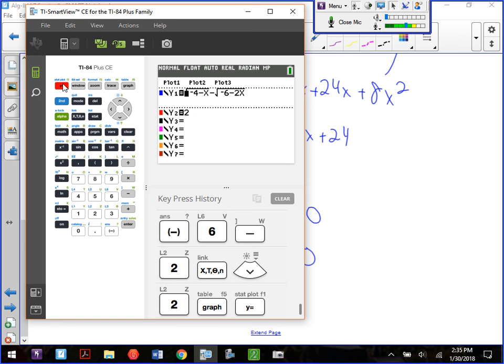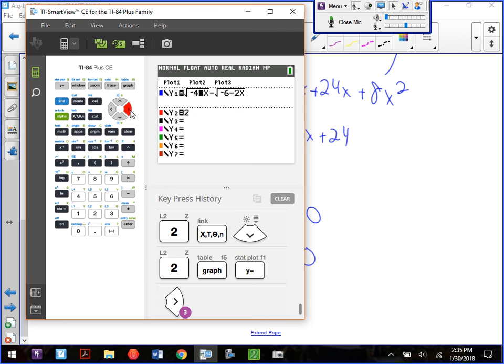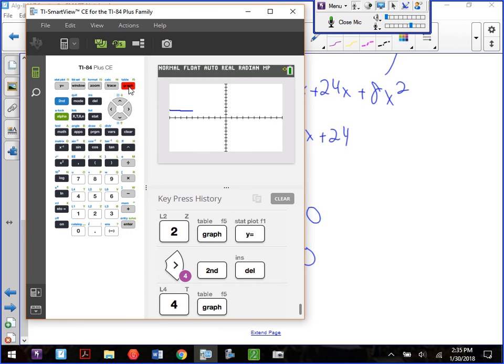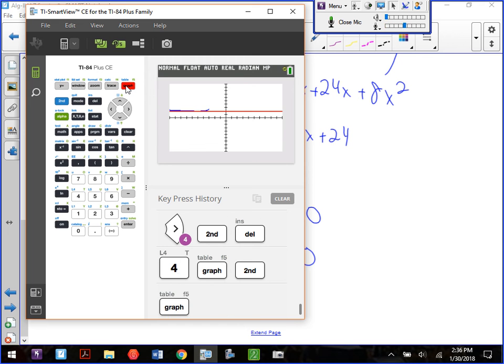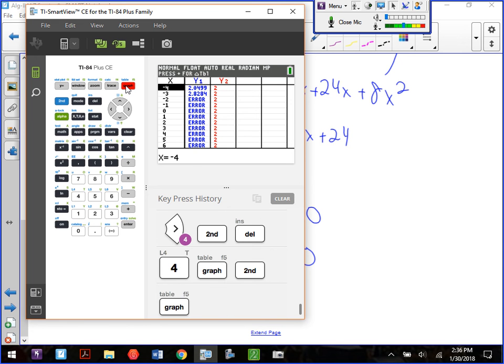Oh, it's supposed to be 4x. That's why. You might have to go to the table. Where these two are going to intersect is where they have the same y value, right?